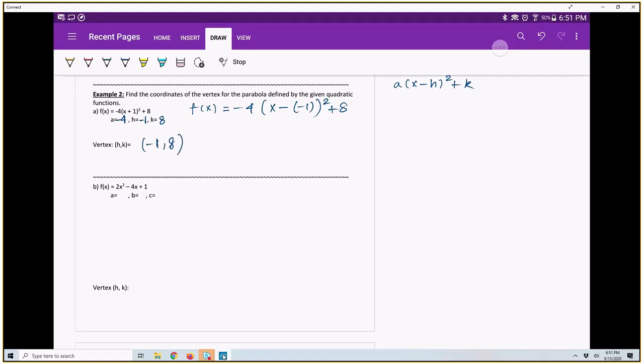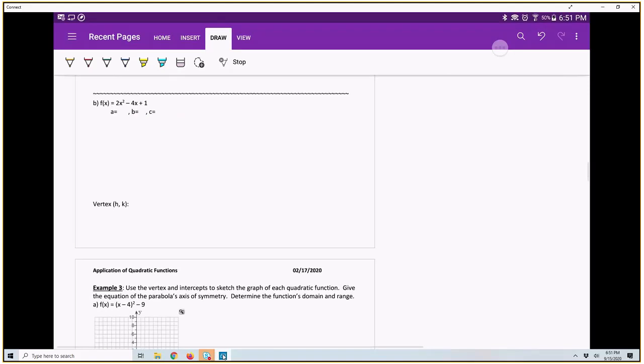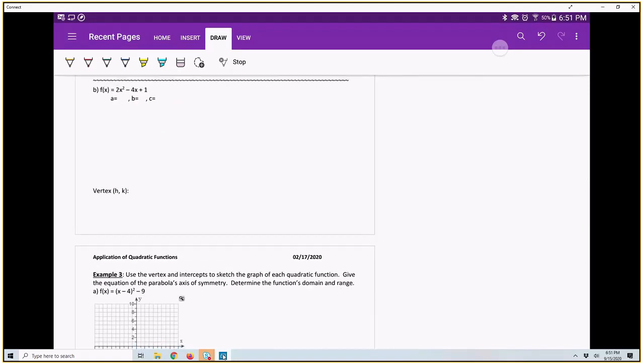The second function is given in the general form, so I need to do a little bit of work. So the vertex, the x coordinate, which I can call h, the formula said that it is minus b over 2a. Now my a is 2, b is -4, and c is 1. So minus of -4 is b over 2 times 2 is a. So I get minus times minus is +4 over 4, and that's 1.